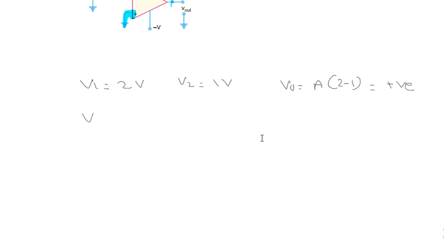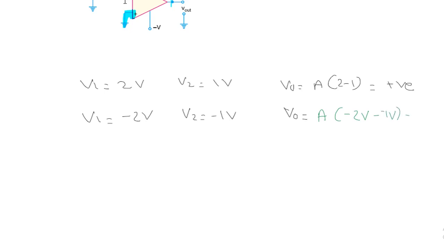But suppose V1 is equal to minus 2 volt and V2 is equal to minus 1 volt. Then output voltage will be equal to gain times V1 minus V2, that is gain times minus 2 volt minus of minus 1 volt.